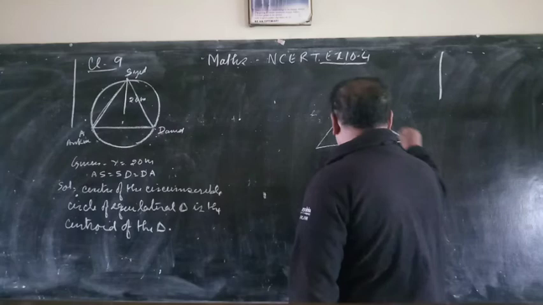Equilateral. So here it is written: SM is median and height of an equilateral triangle. This fact is only true for equilateral triangle.